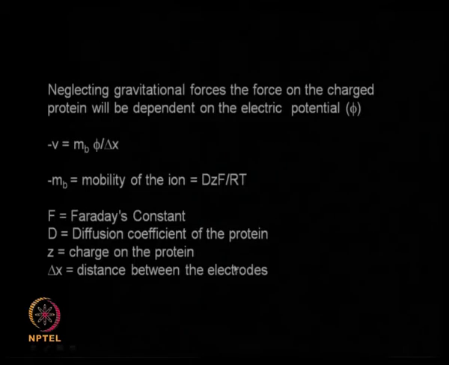If you have a very large protein, the diffusion coefficient may be very poor, then the movement will be retarded, that means it will be moving much slower. Whereas a much smaller protein will move much faster, that means the diffusion coefficient will be larger, then the mobility also will be larger. So the size of the protein matters, the charge on the protein matters, both matter, understand.